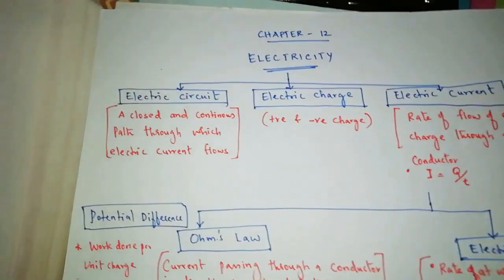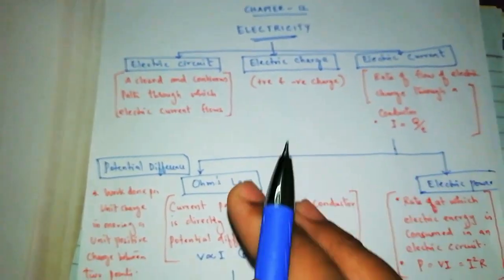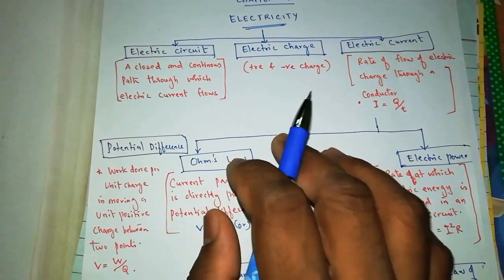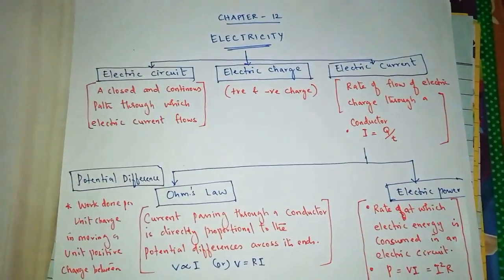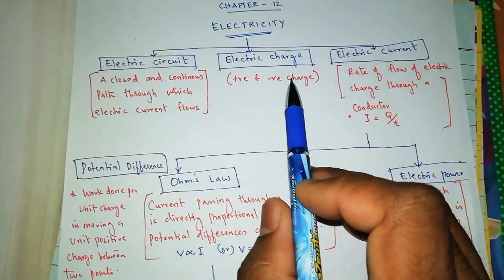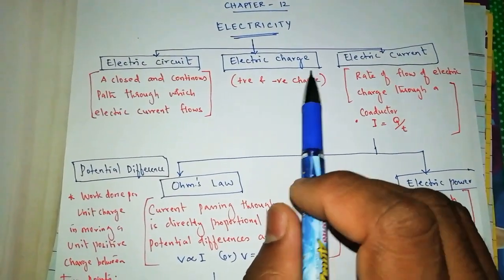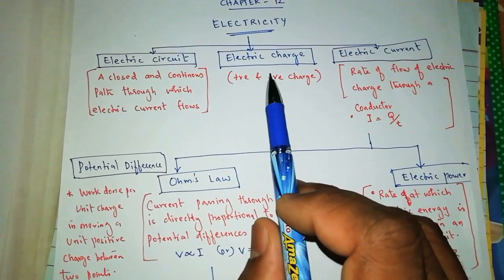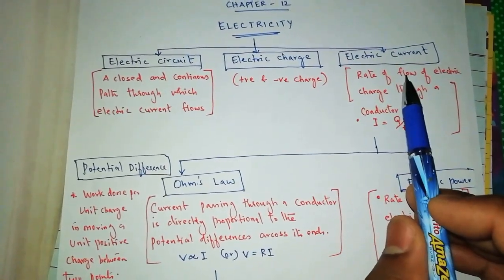So let's learn what we are going to cover about electricity in this chapter. There are mainly three different topics you're going to learn: electric circuits, electric charge, and electric current.